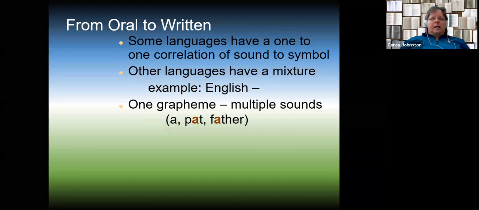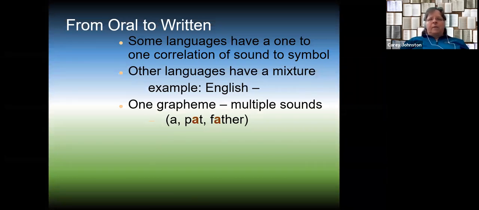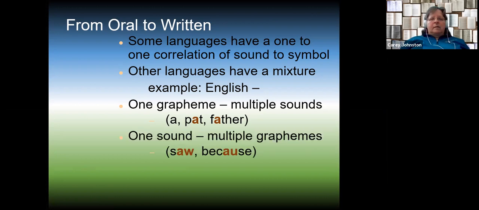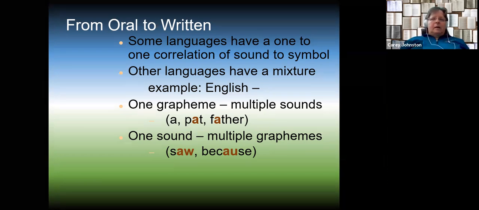So, for example, in English, one grapheme may have multiple sounds. So we have the a in pat and the a in father. They're all different sounds, but they use the same symbol to designate those sounds. Also, one sound may have multiple ways of writing it. So for English, the ah sound has AW and AU, as in saw and because.